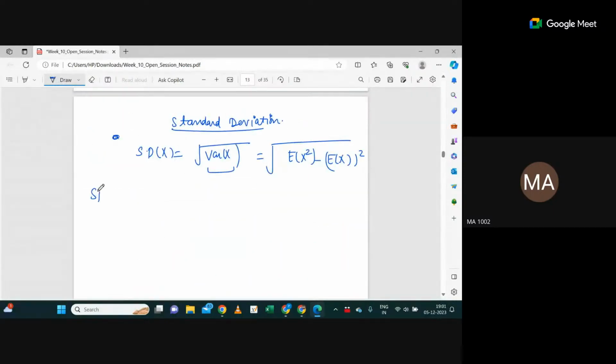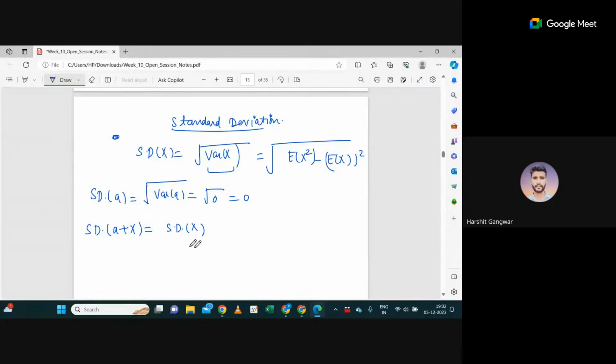What about the standard deviation of a constant? Zero, because it's nothing but the square root of the variance of that constant, and we know the variance of a constant is zero, and the square root of zero is zero. What about the standard deviation of a plus x? Same. Same what? Standard deviation of x.